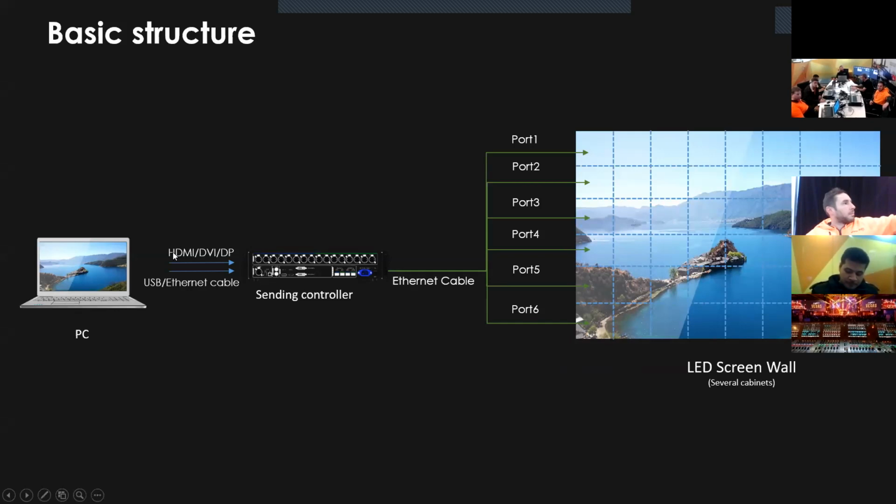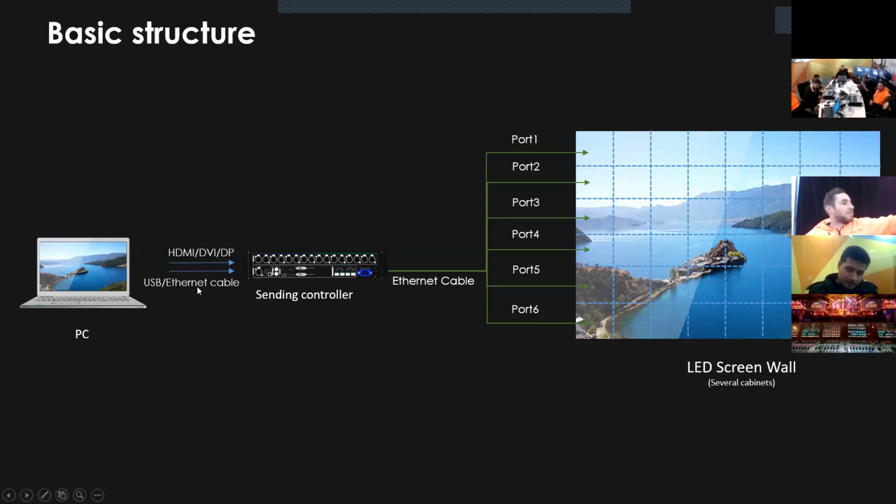Second, we need cables, HDMI, DVI, or DisplayPort, for giving the video source. And what about the USB or Ethernet cable? That is for controlling the sending card, for sending the command.